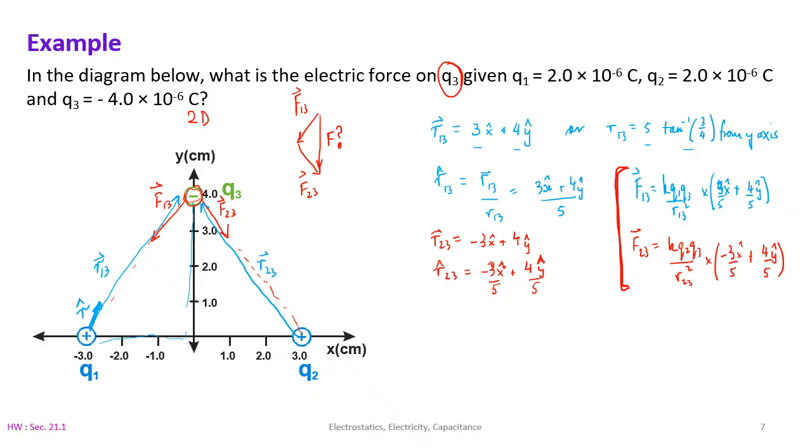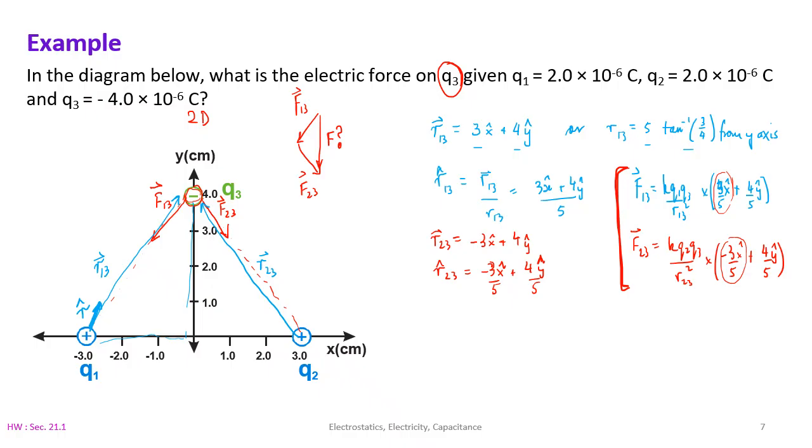What you'll see, as you expect, is that the plus 3 on 5 x hat, the x component from one force, cancels out with the x component of the other force. They're pointing in opposite directions.